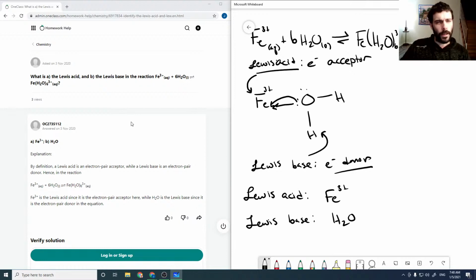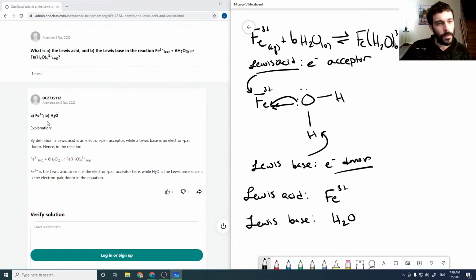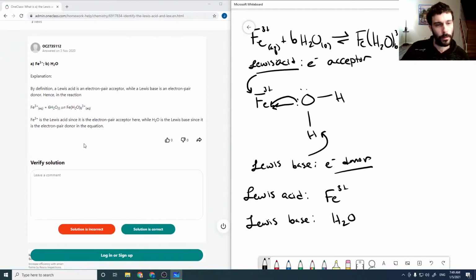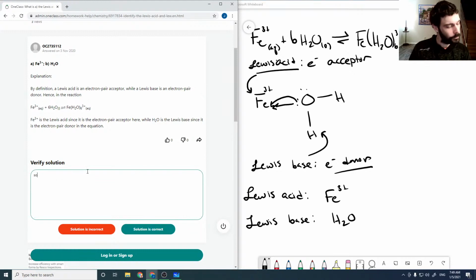So now if we check the solution here, our Lewis acid is iron 3 plus, and our Lewis base is water. So our Lewis acid is an electron pair acceptor, Lewis base is a pair donor. That looks good.